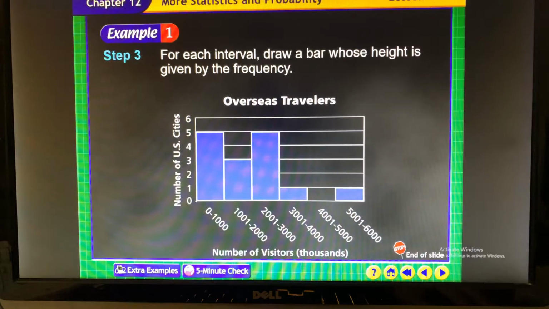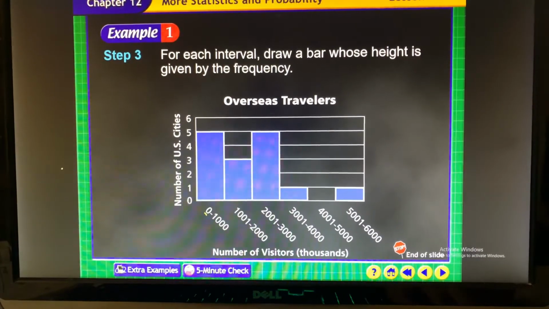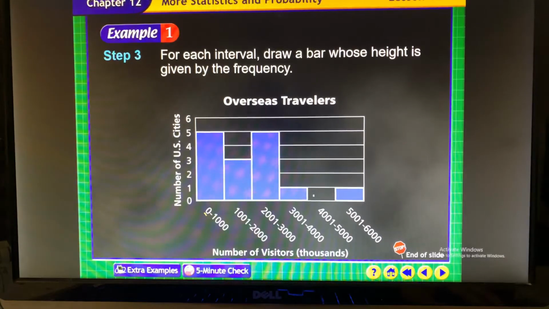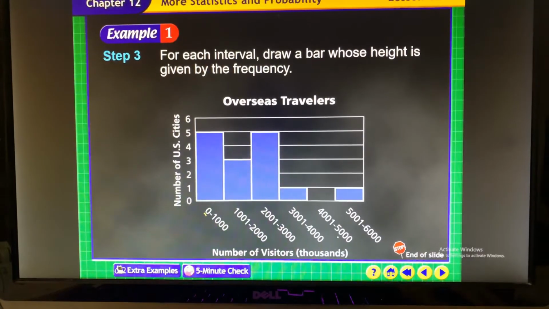The first bar will touch the y-axis when the interval starts at 0. If it doesn't start at 0, we move it over slightly. You want to include every single interval, even when nobody responded with that number of visitors, because it tells you information. So that's what a histogram looks like, much like a bar graph.